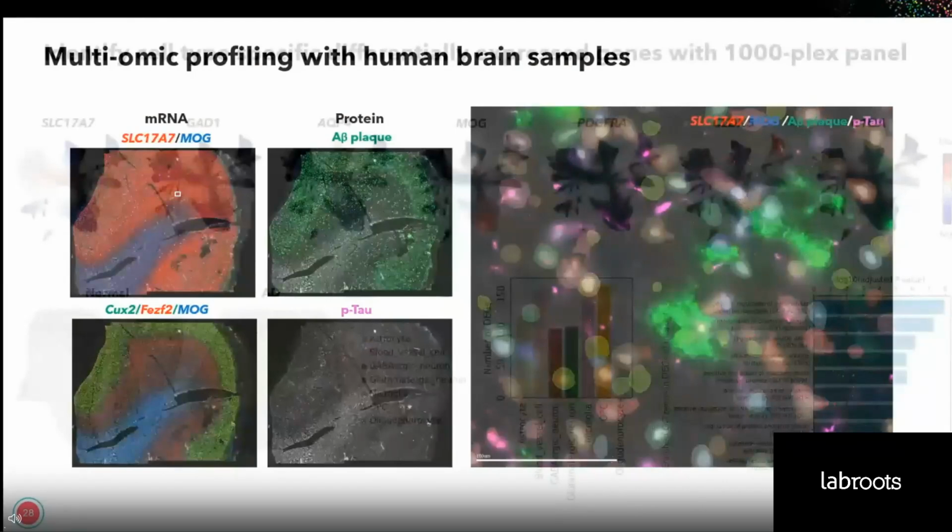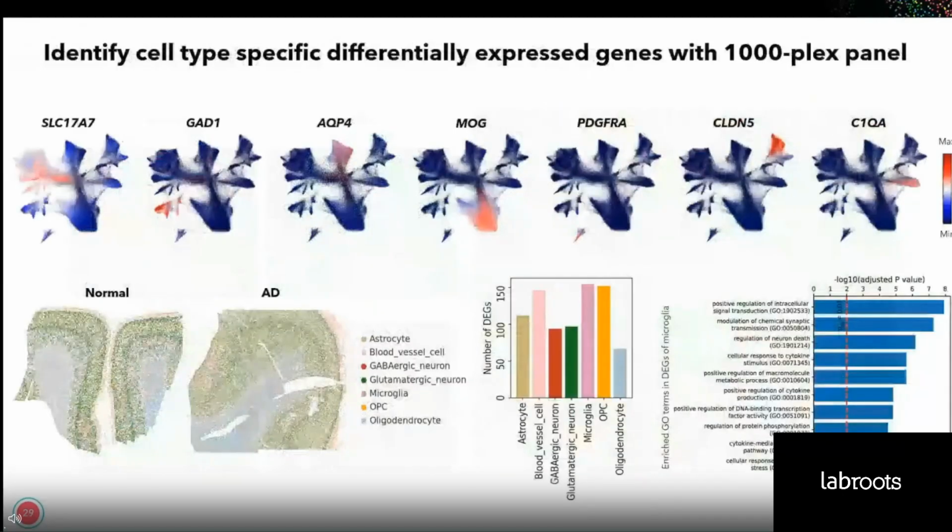So the first comparison I did between the normal and AD brain samples are the gene expression change in different cell types. Here, I first group different cell clusters into 7 major different cell types to get enough cells, and then perform a differential analysis within each cell population between the normal and the AD samples.